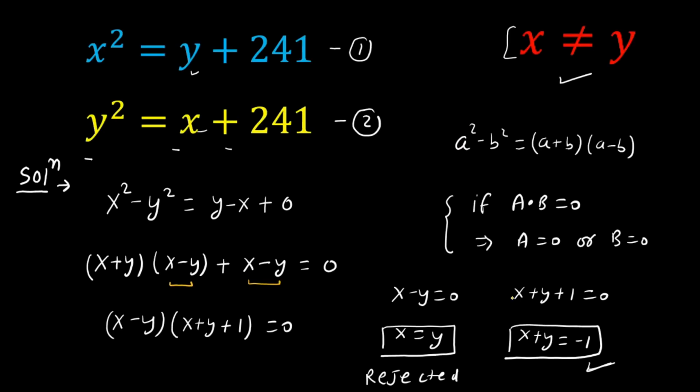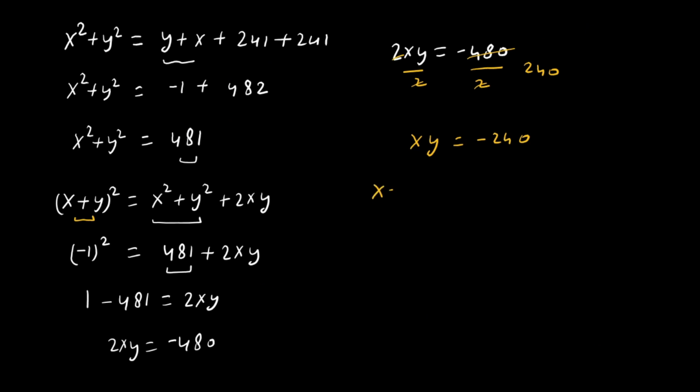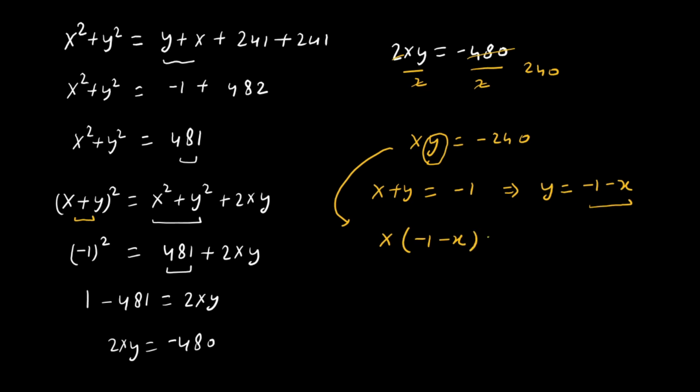Look carefully, here x plus y is equal to negative 1. Then the value of y is negative 1 minus x. In x times y, we replace y by negative 1 minus x, so x(negative 1 minus x) = minus 240.